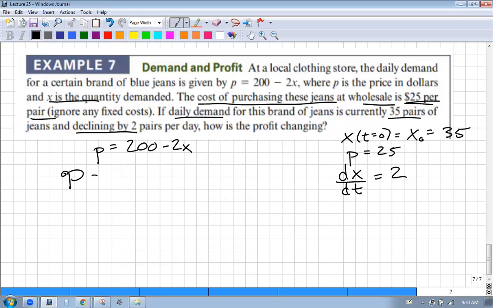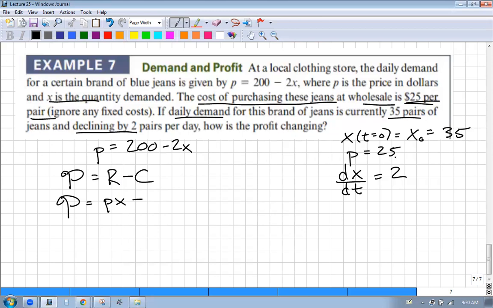What is the profit? The profit is revenue minus cost, right? And revenue is the price times the number sold, and we're selling exactly how many are demanded, apparently, in this ideal world.